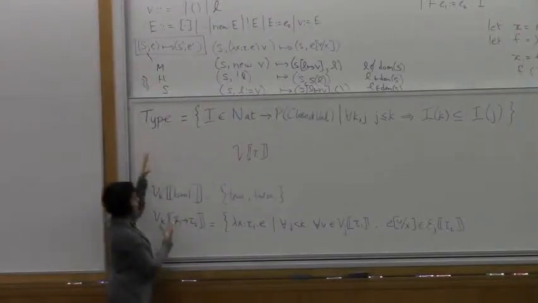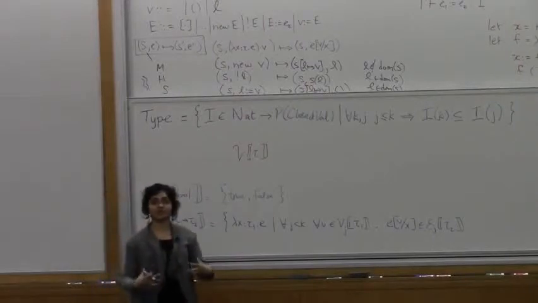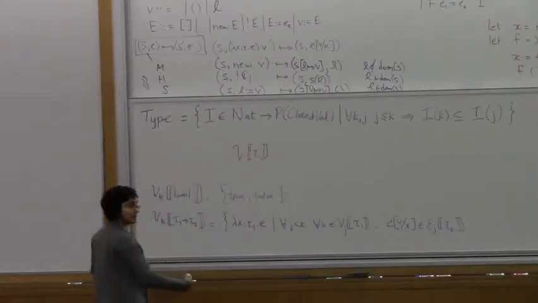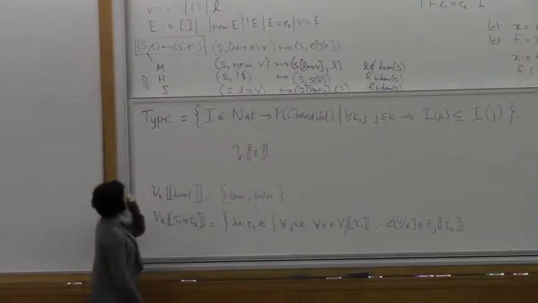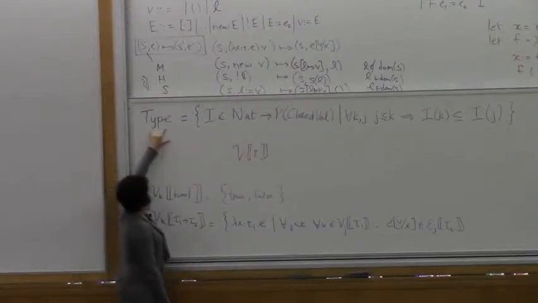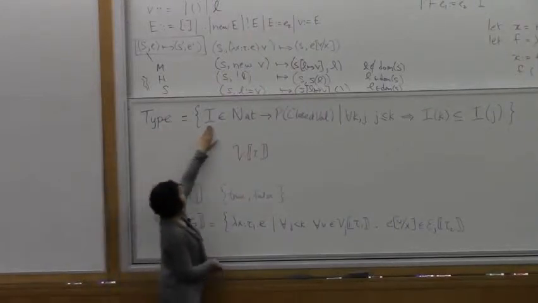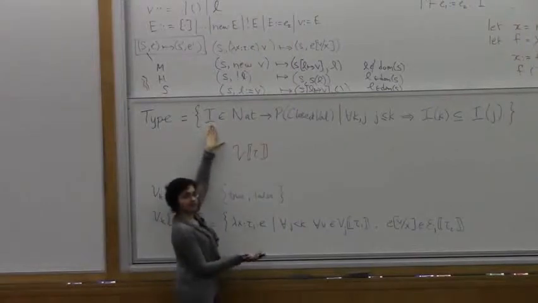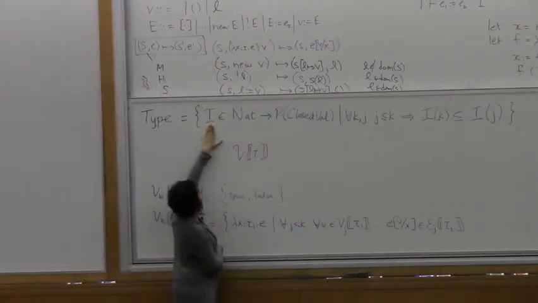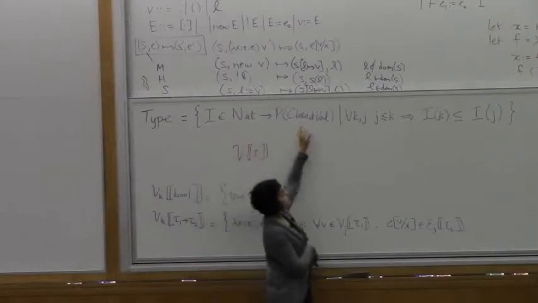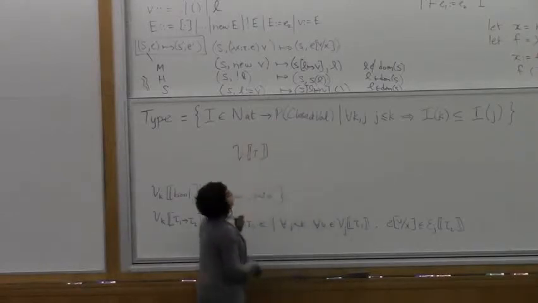So the way we had built our model of types, the way we had interpreted types until now for type safety, was, we could think of this whole set types as containing type interpretations, I for interpretations, that were functions from these nats to these sets of closed values, right?